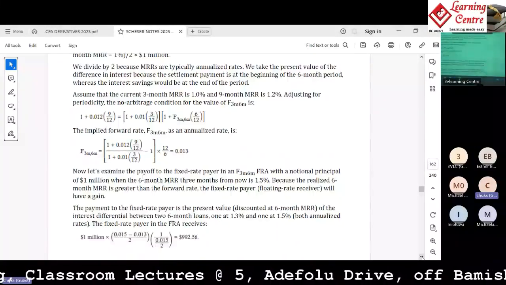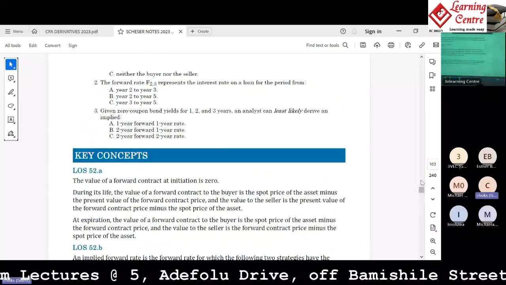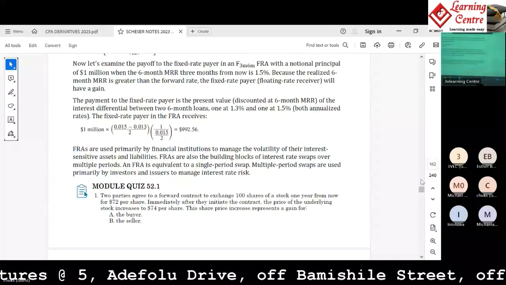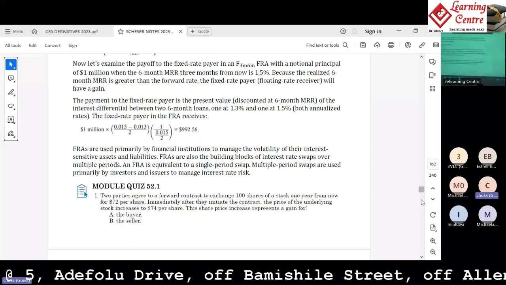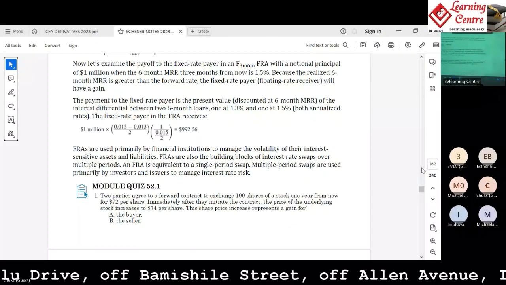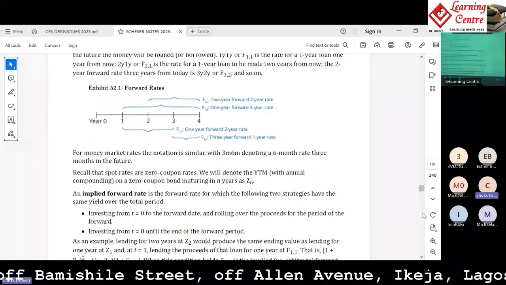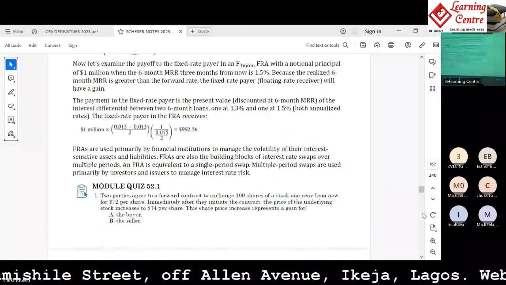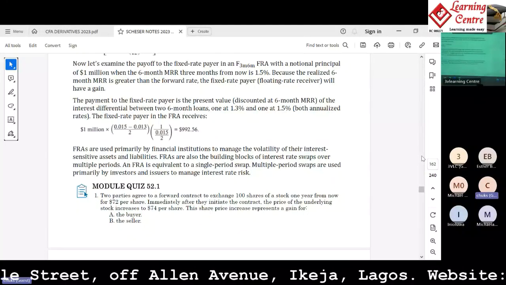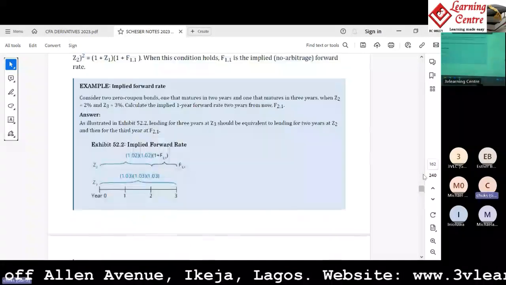I don't think you'll be asked to calculate all this. I think there's a place where they said that. So don't worry yourself too much about all this, basically. So the important thing you need to just understand is this one.